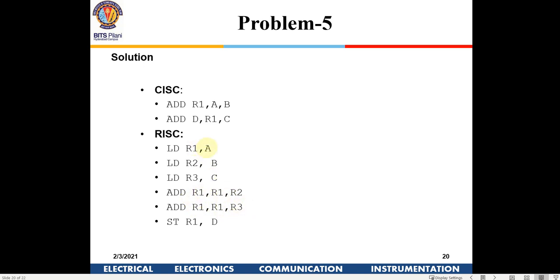So first you need to move A into R1, B into R2, C into R3. Then you add R1, R2, so the result gets stored in R1. The sum is available in R1. Now you add R1 and R3, again the sum gets stored in R1. Now you can push out that R1 to D. So in RISC the instructions would be like this.